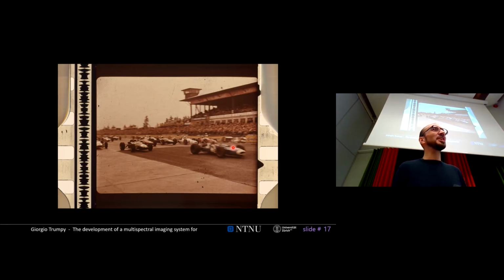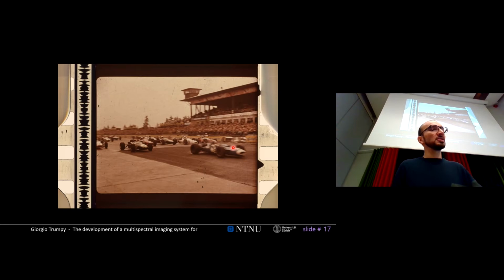Another example of the advantage of narrow spectral bands is for faded prints, a very diffuse case and a very important threat to the heritage on chromogenic film.